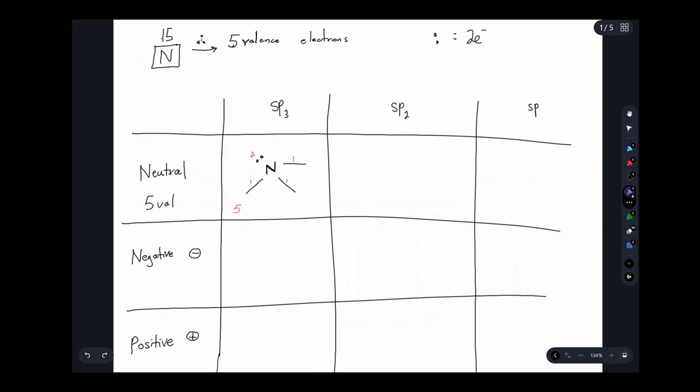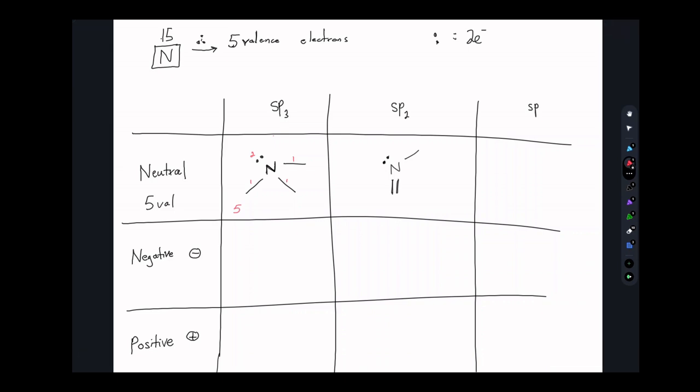Now, with the sp2 form of nitrogen, we're going to need to add a double bond. But note that in order for nitrogen to be neutral, it's always going to need 1 lone pair and 3 bonds. So how are we going to make this? The answer is to keep it the same, but change the bonds. Instead of being connected to 3 single bonds, let's use 1 double bond and 1 single bond. By doing this, now we have a situation where the octet rule is still obeyed.